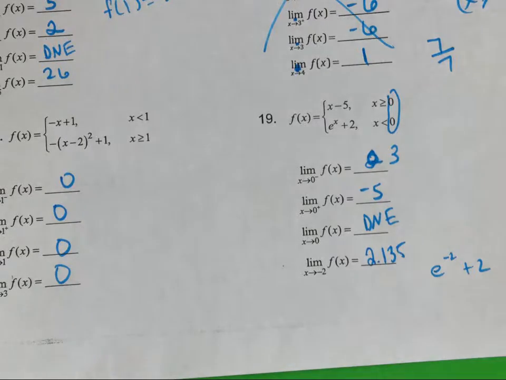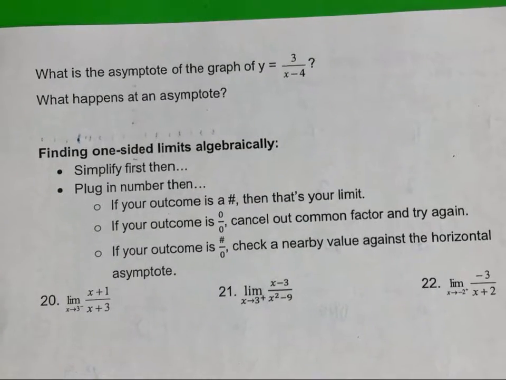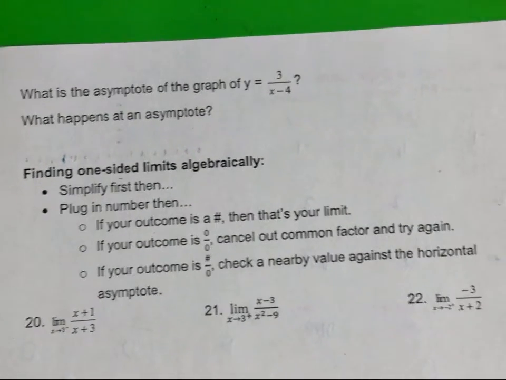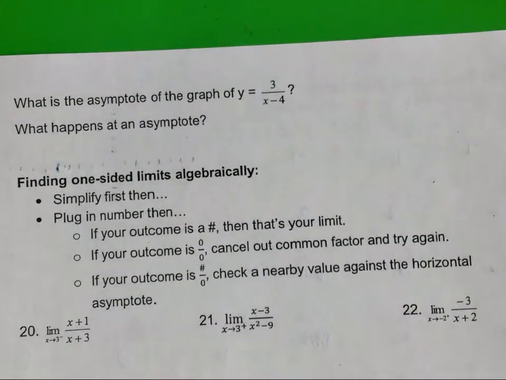Are there any questions on piecewise? All right. Let's turn it over. We already discussed all this, but we're going to go back over it. What is the asymptote at this graph right here? 4. Why don't you graph it?